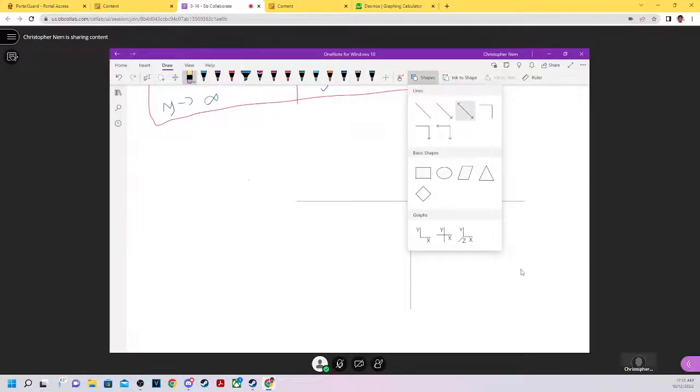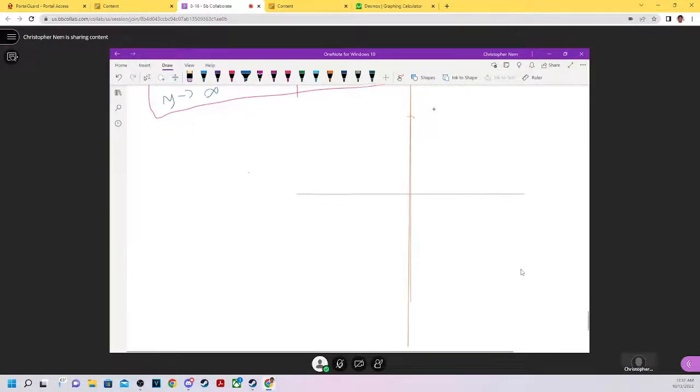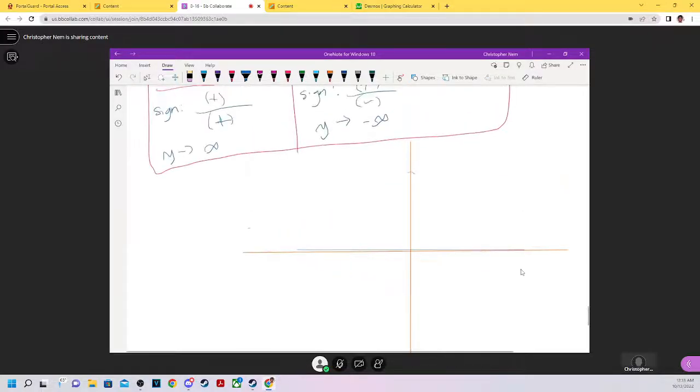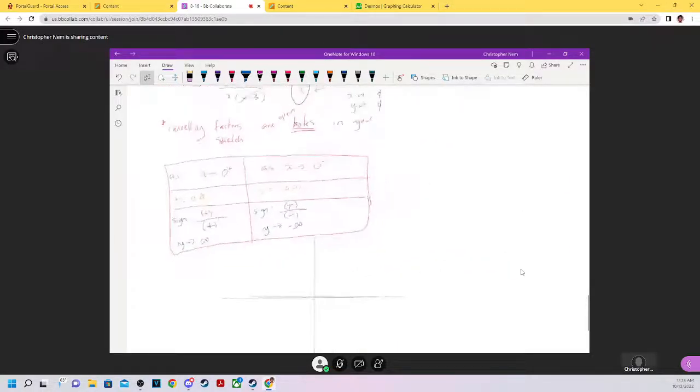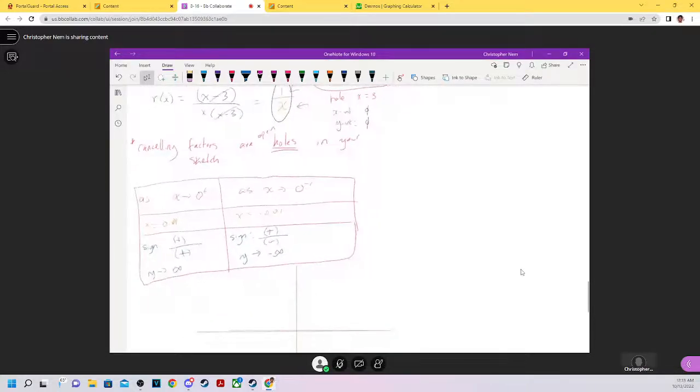These are my asymptotes. I will never touch that area. And then it says here that I have no x and y intercept because of those asymptotes, but I have a hole at x equals 3. But before I even do the hole, let's actually get our behaviors.